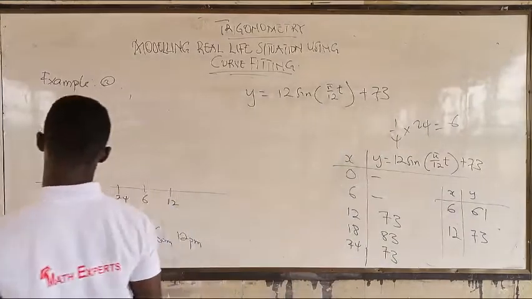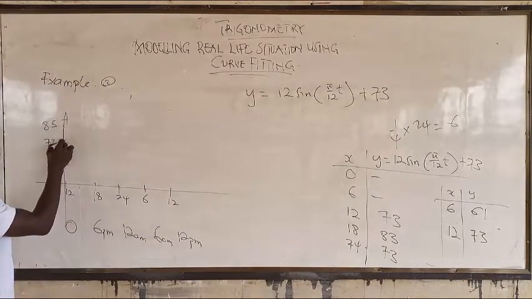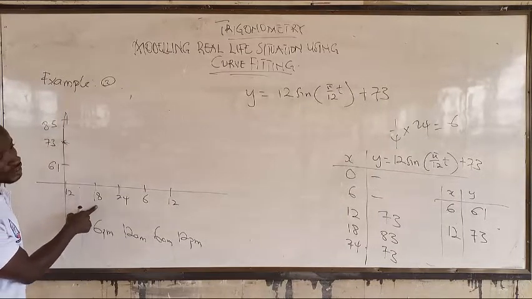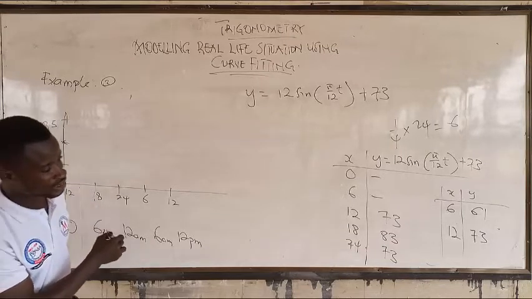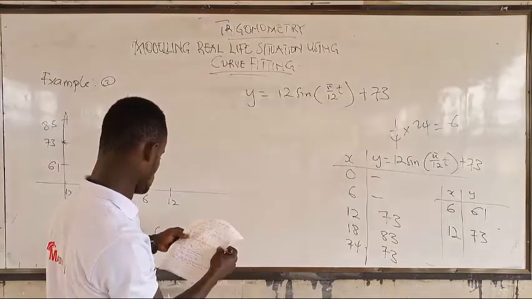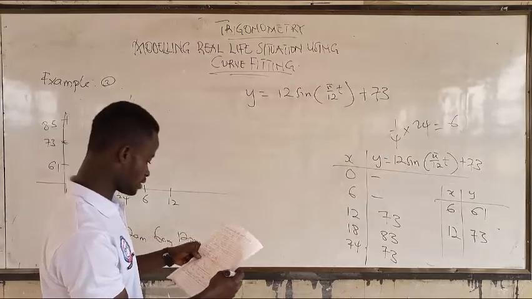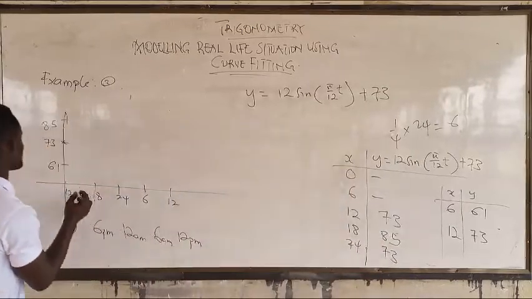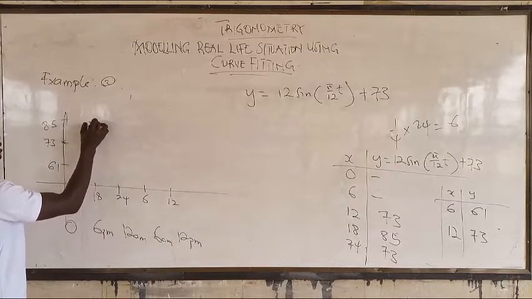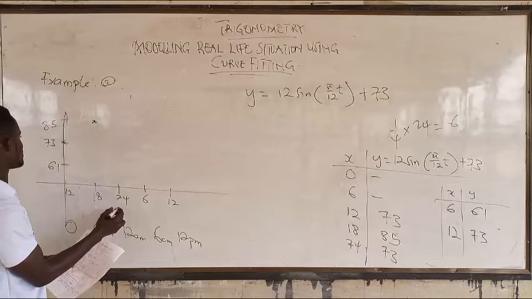So let's see what the graph is going to be. At 0, 73. At 6, 85. At 12, 73. At 18, 61. At 24, 73.